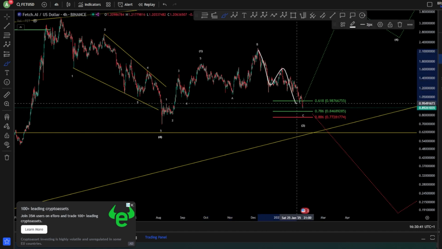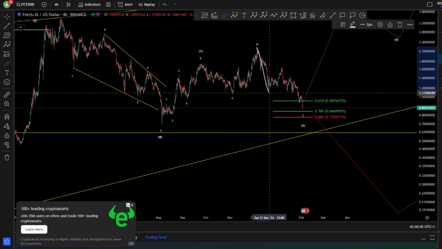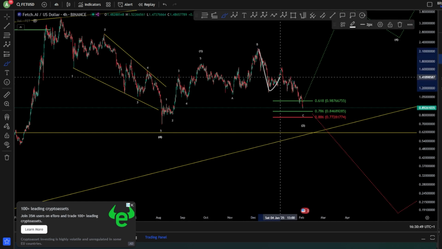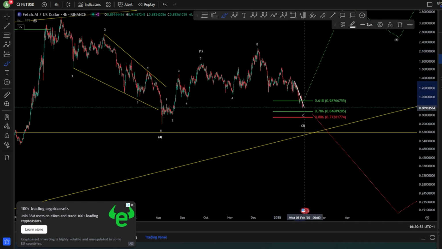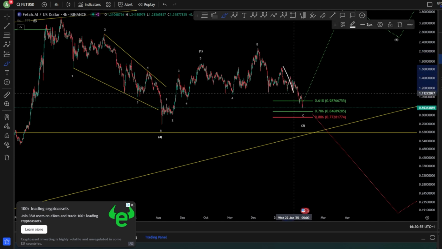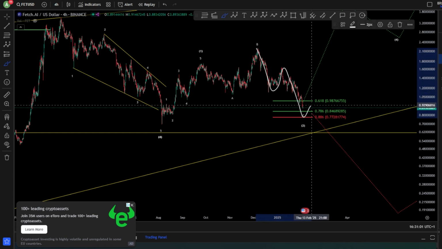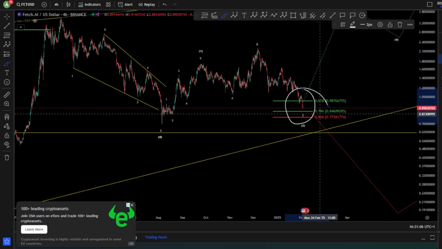Expanding flat wave C, it should be done, right? And if we are looking at a finished wave C here, it has started to look a little bit weird. 1, 2, 3, 4, and a 5. Your wave 5 has started to be longer than your wave 3, meaning invalidation of contracting diagonal, meaning that this might transform to something impulsive, right? So we have to be careful with it.